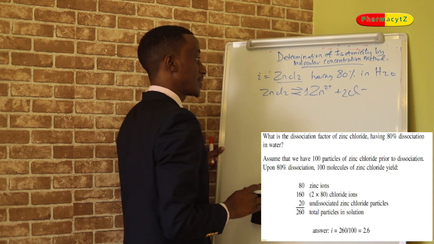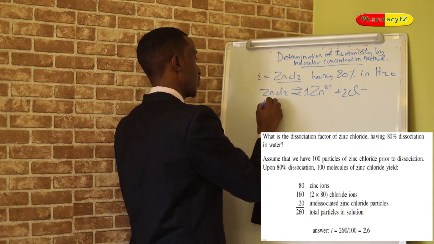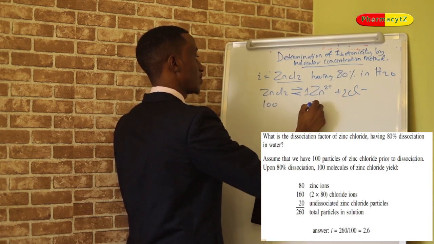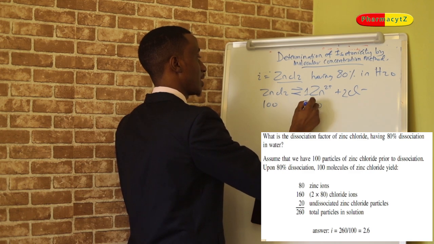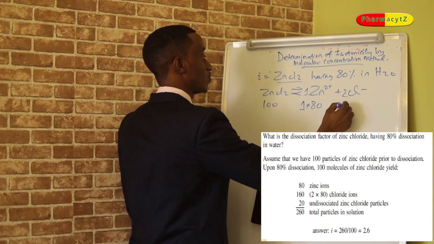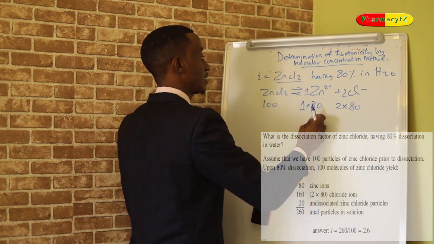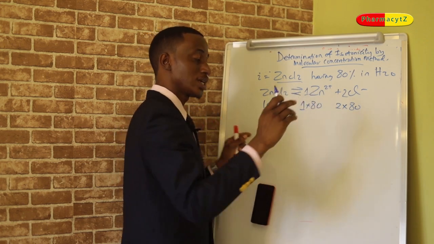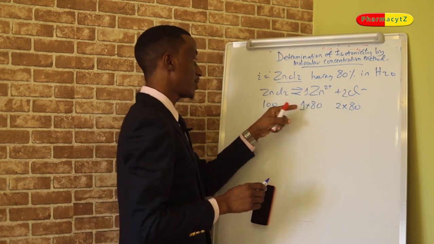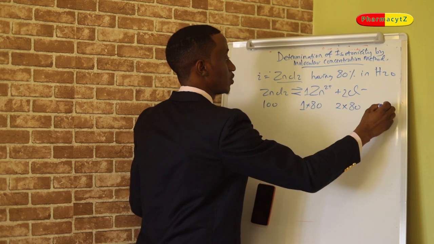If 80% dissociated, this means initially we had 100 particles, then 80 particles dissociated, that is 1 times 80. Here we have 2 times 80 particles dissociated. The particles which did not dissociate are 100 minus 80, which gives 20 particles.